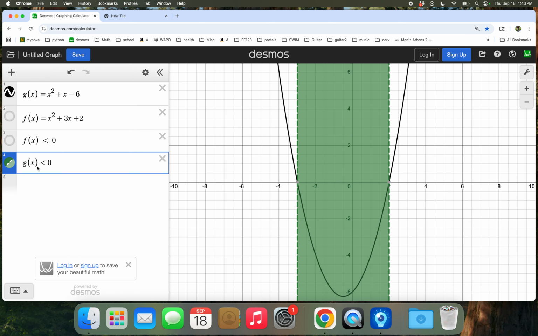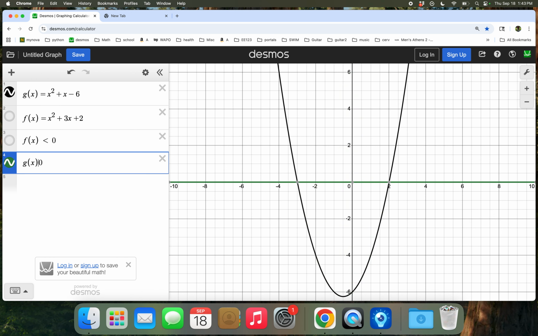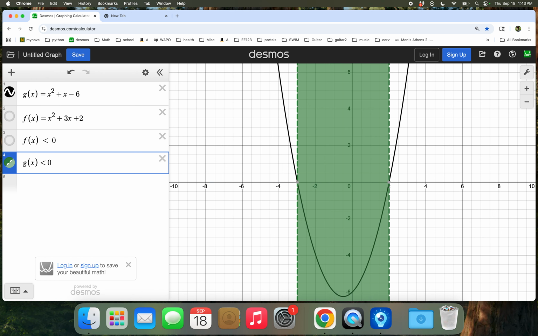There's the answer. Wonder what would happen if I change that to less than or equal to 0. Notice the difference. Less than or equal to 0, it contains the endpoint. See that solid line right there? So the answer is going to be -3 is included as part of the solution, from -3 up to 2. Whereas if it was just less than, notice you got the broken line.